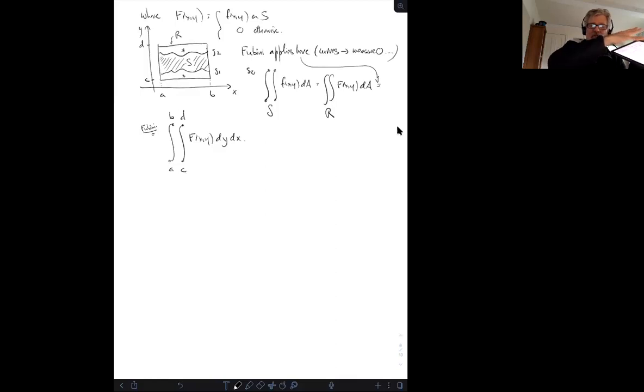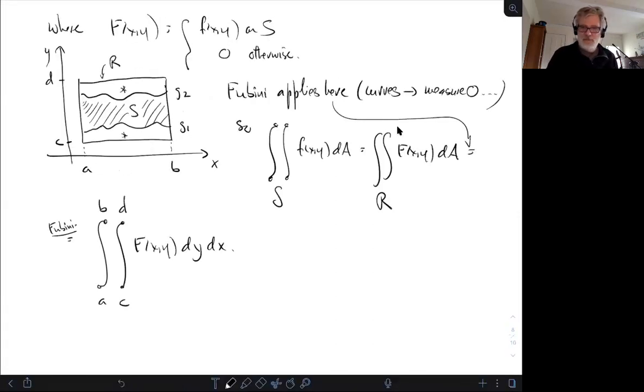The graph of F is over here. I don't know if that helped. Do you see what I mean? Okay. So I'm just looking here in the xy plane is the domain, and the function little f is over the region S. And big F is the same as little f, except it's 0 on the two starred pieces there.